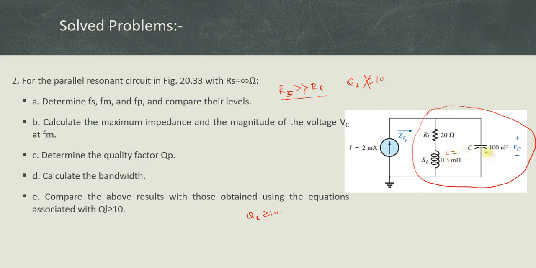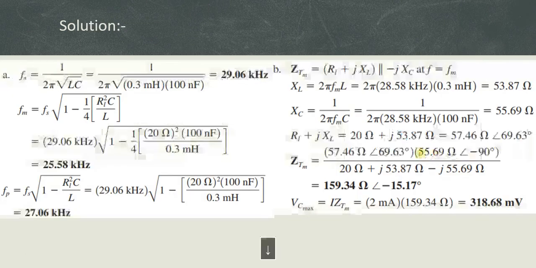Similarly, C equal to 100 nanofarad. You substitute all those values and simplify, so that the series resonance frequency is 29.06 kilohertz.